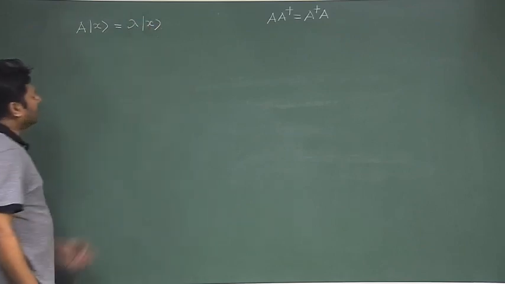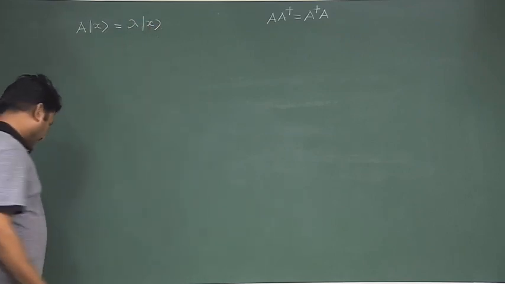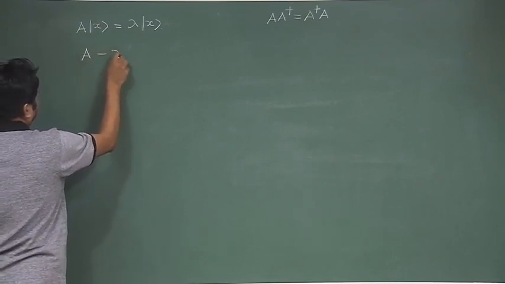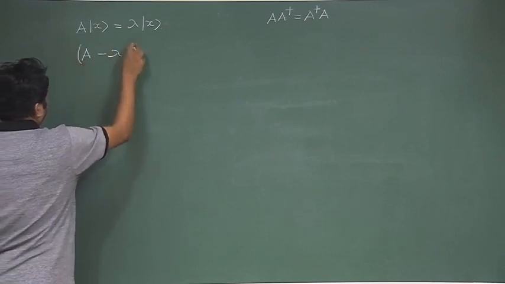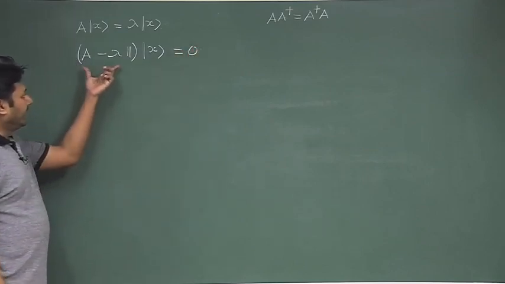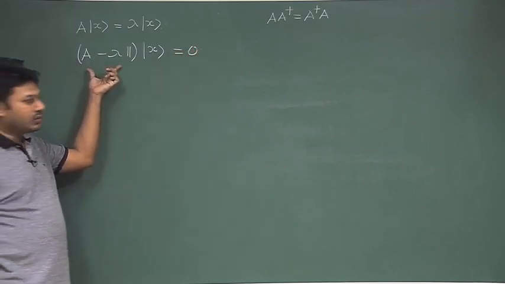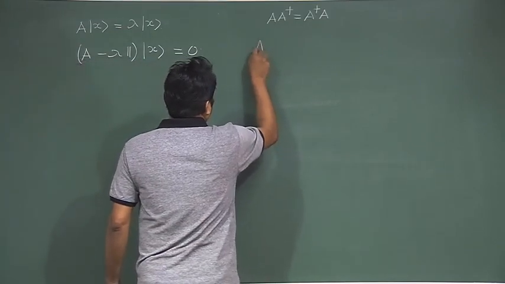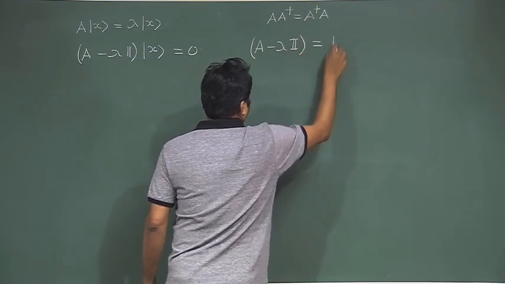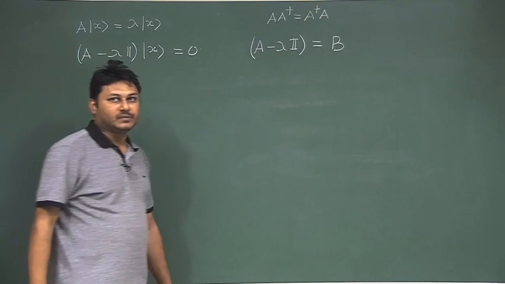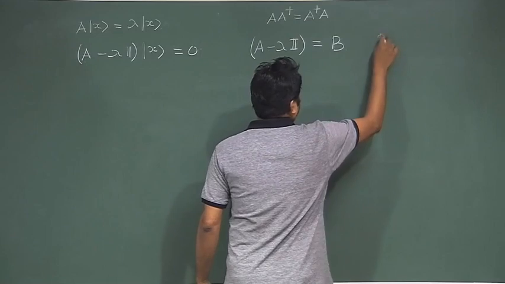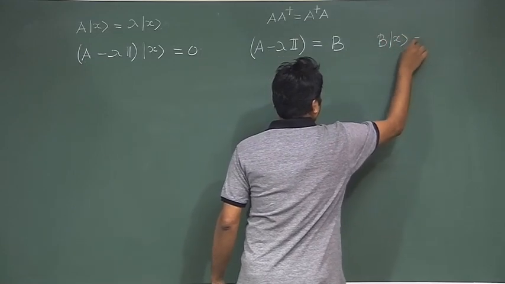This is the eigenvalue equation for A. Now, I can write this equation as A minus lambda I, times x, is equal to 0. A minus lambda I is also a matrix. I call this matrix B. So, from this equation I can write B x is equal to 0.